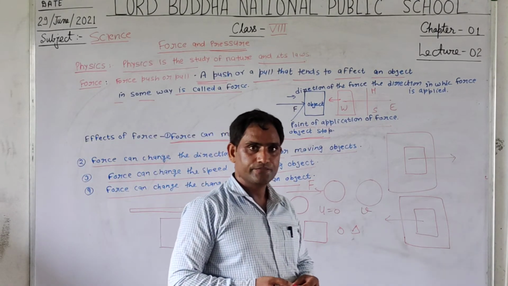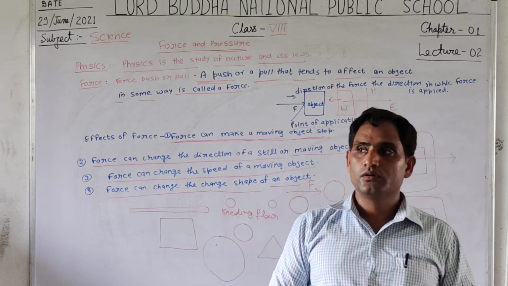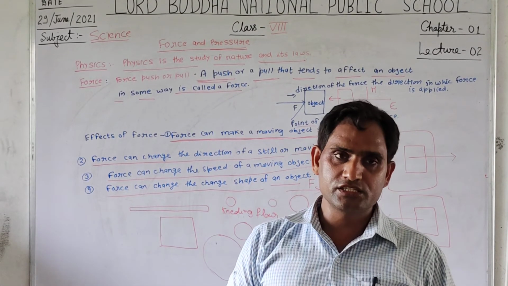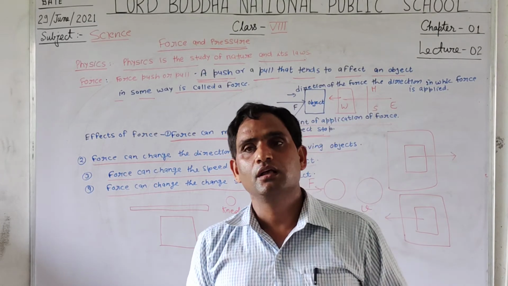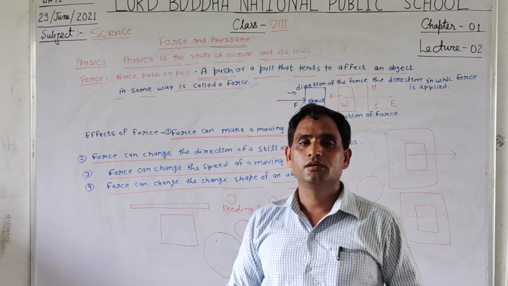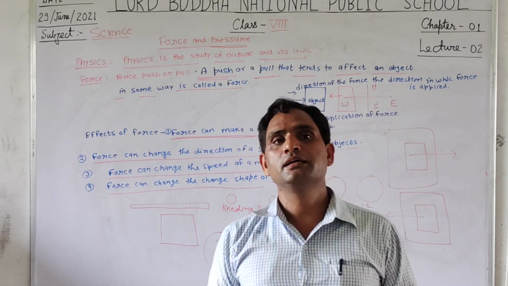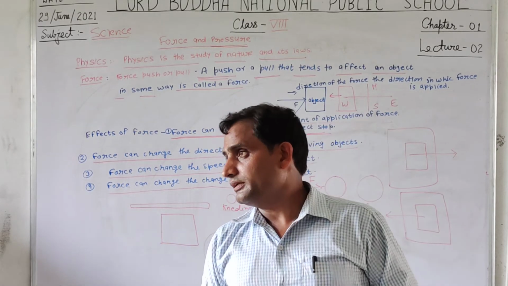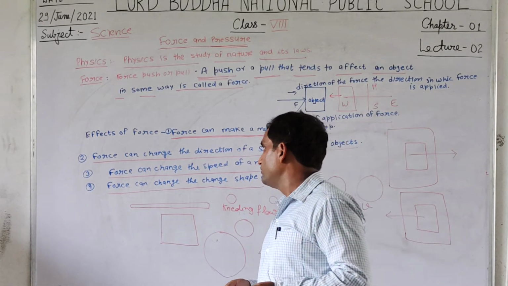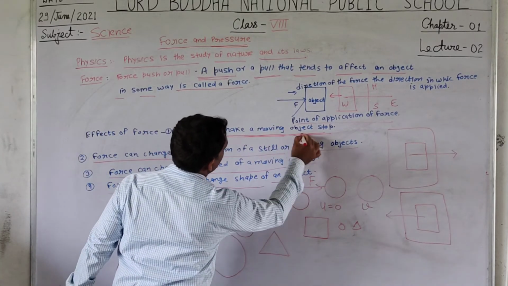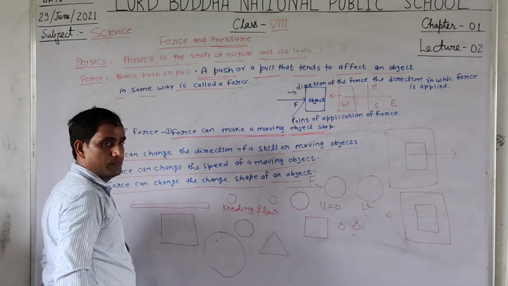In short, what is force? Force is a push or pull which tends to affect an object in some way. That can be pushing, pulling, hitting, and other ways. The effects of force: the first is that force can make a moving object stop.